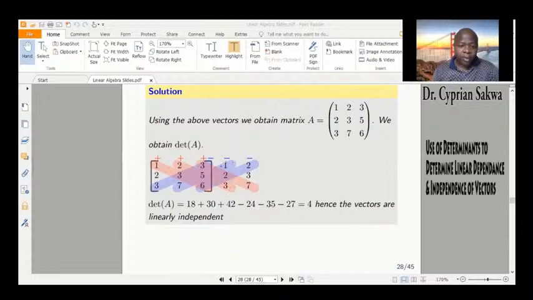Then 35, which I also subtract, and 27, which I also subtract. So the determinant of this matrix is 4. It's non-zero, and therefore the vectors given to us are linearly independent, because we say that if the determinant is non-zero, then the vectors will be linearly independent. So let's look at another example.